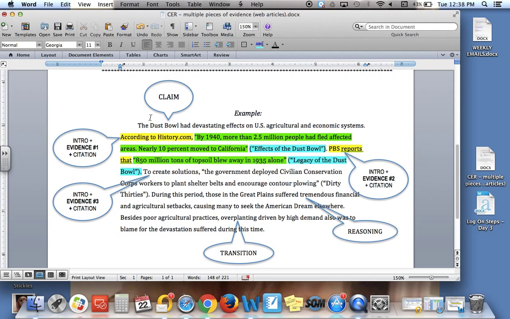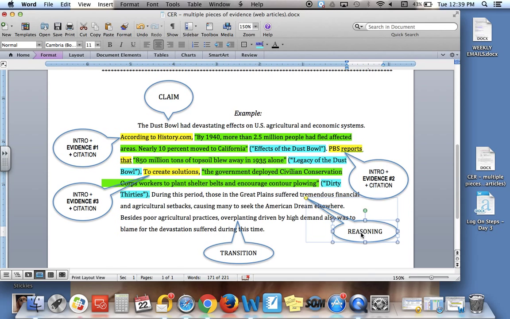A third piece of evidence to really make my argument effective, to create solutions, is my introduction. The government deployed civilian conservation corps workers to plant shelter beds and encourage contour plowing. This piece of evidence is cited as coming from the article called "The Dirty 30s."